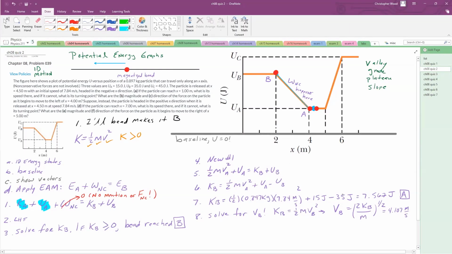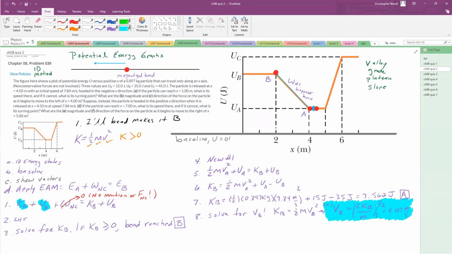That is my velocity at B. This is the answer to part A. So there's our first, and really there's not a whole lot more. I don't think there's really anything brand new. You've now seen potential energy diagrams, and then there's just a bunch of ramp problems and other things that are all in the same category. Okay, that's just part A.